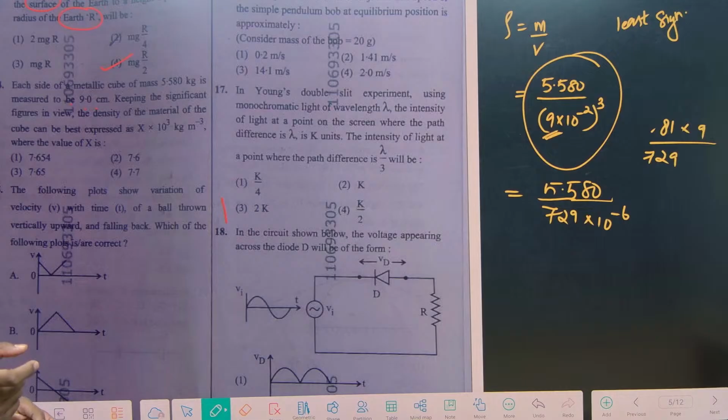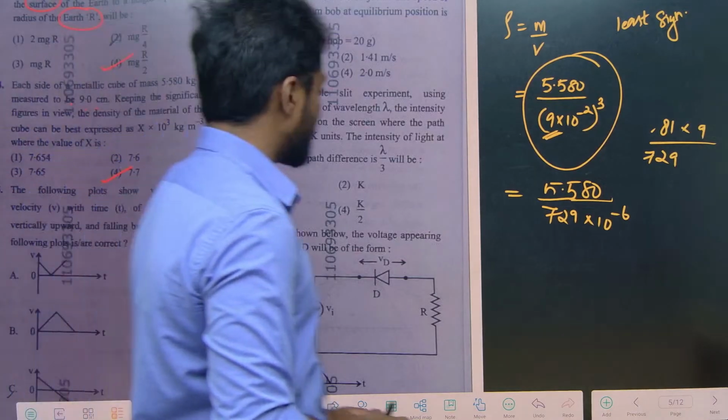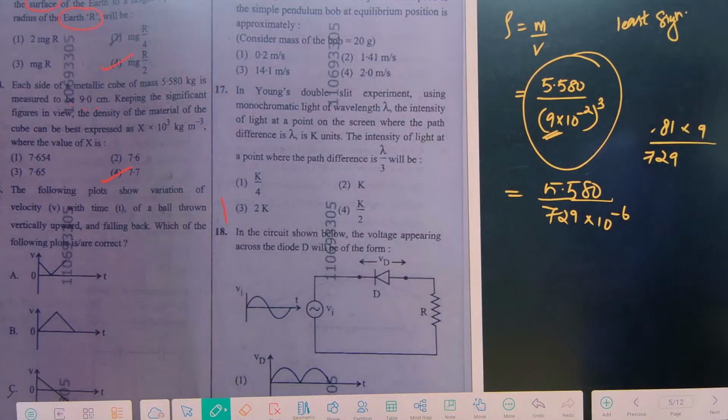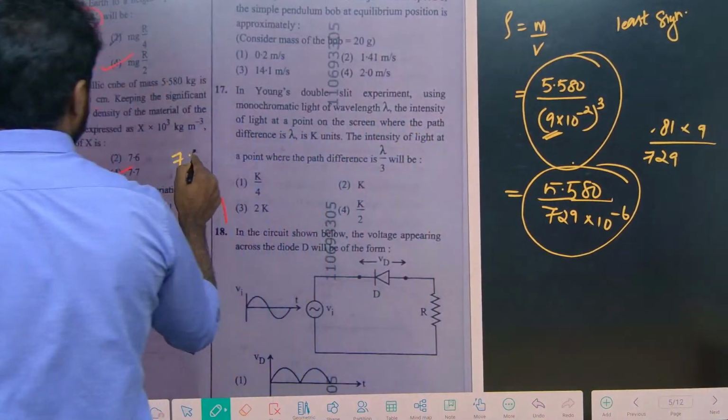I need to calculate it. I need to get the least one. Okay, the least one, which means I will get the option around 4, I guess. 7.7. I guess 7.7. If we calculate this, 7.7 comes. I'll get 7.69 something.